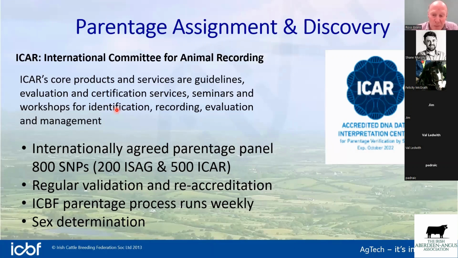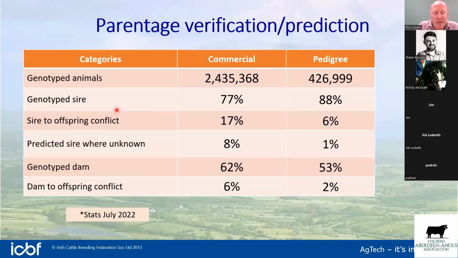So in a small proportion of cases, a sex might have been recorded wrongly by a breeder, or there is a small proportion of these that are affected by what's called Turner syndrome, which look to be female, but they actually have two X and a Y, and basically they tend to turn up as indicated as males based on the genotype. So look, the main one here really is the parentage assignment and discovery with obviously additional confirmation on the sex.